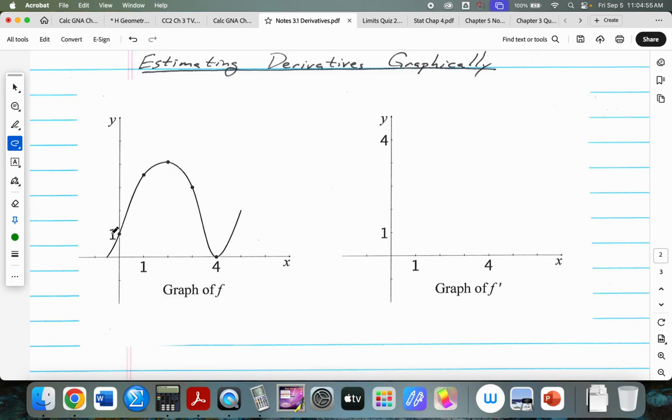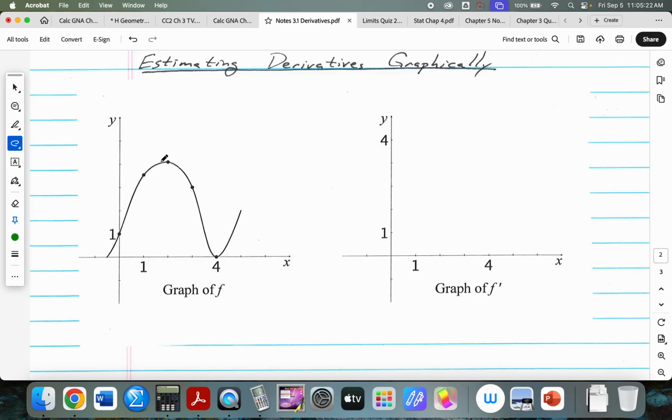If I have something like this, I'll first look to see, are there any places where the derivative is going to be 0? Now remember, the derivative is the slope of the tangent line. So what I'm thinking about is, where on here does the tangent line look like, if I drew it in, it would have a slope of 0?